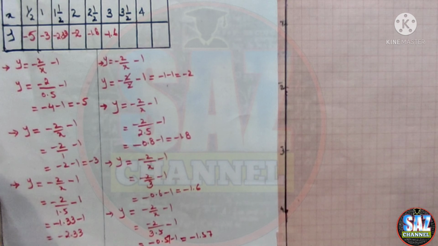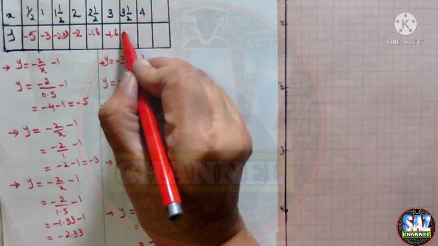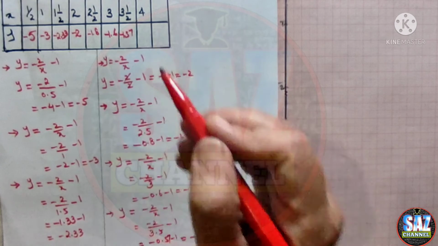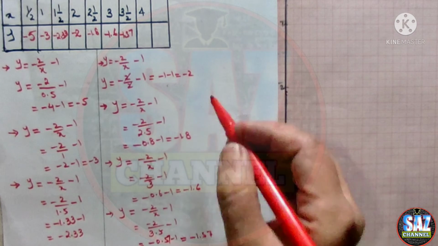Let me double check my calculation. 2 divided by 3.5, yes, and minus 1, this gives me minus 1.57, and for 4, the last value is 4.